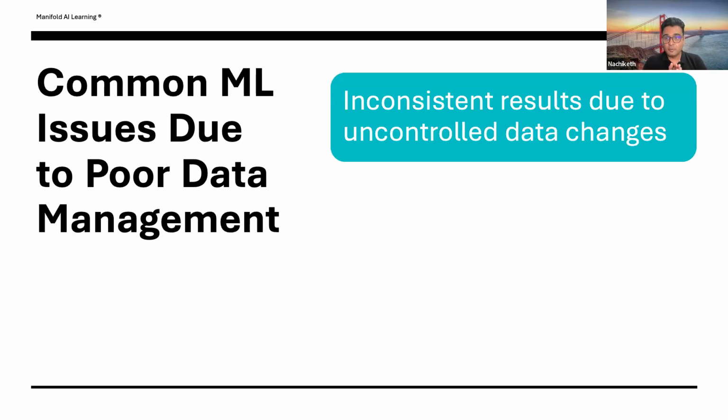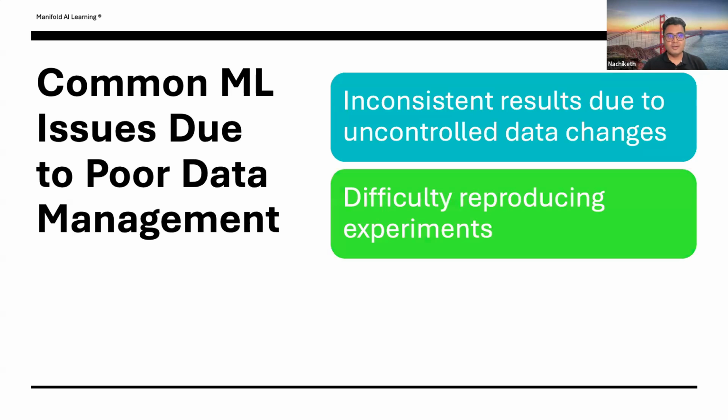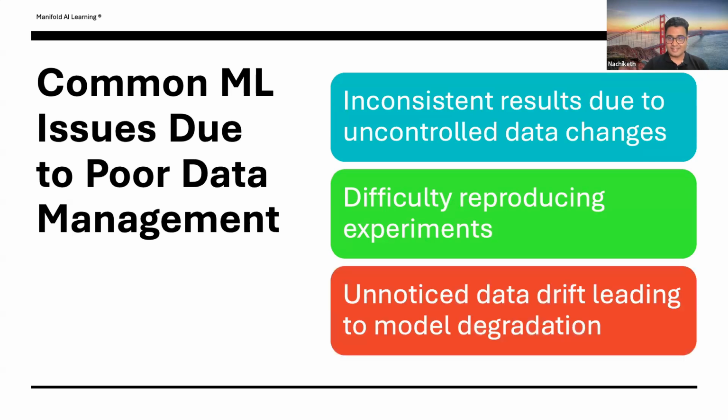Another challenge as a data scientist, when analyzing in such an inconsistent data change scenario, is the difficulty in reproducing the experiment. This can also result in data drift, which will lead to model degradation.